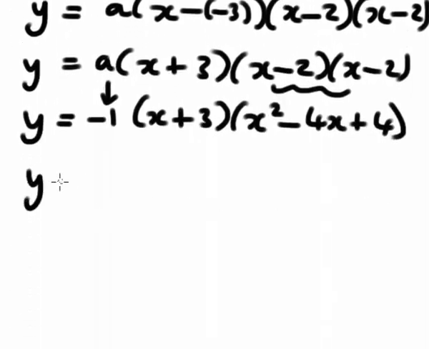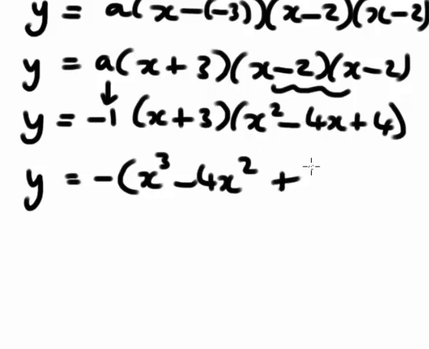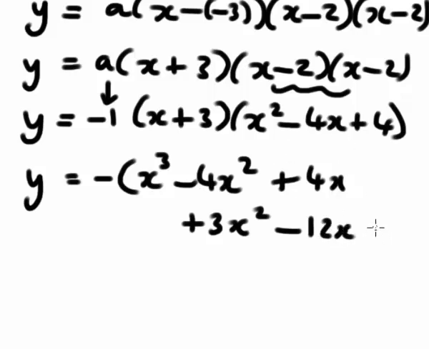Okay, so y is going to be negative, then let's times that out, x cubed minus 4x squared plus 4x, and then plus 3x squared minus 12x plus 12.